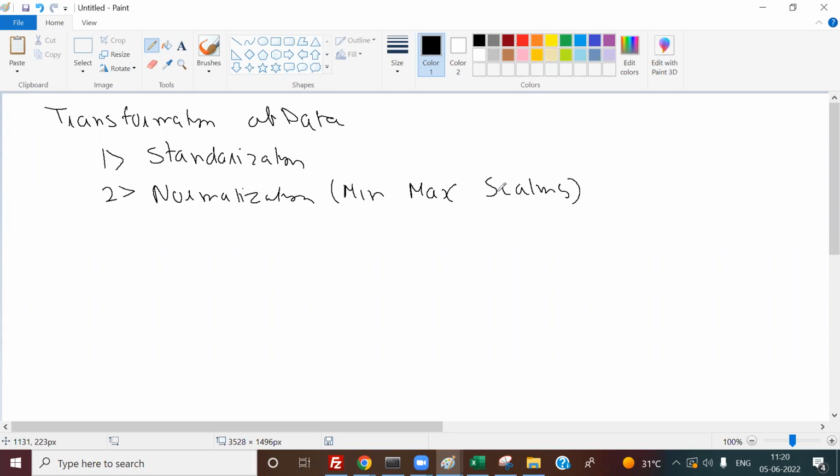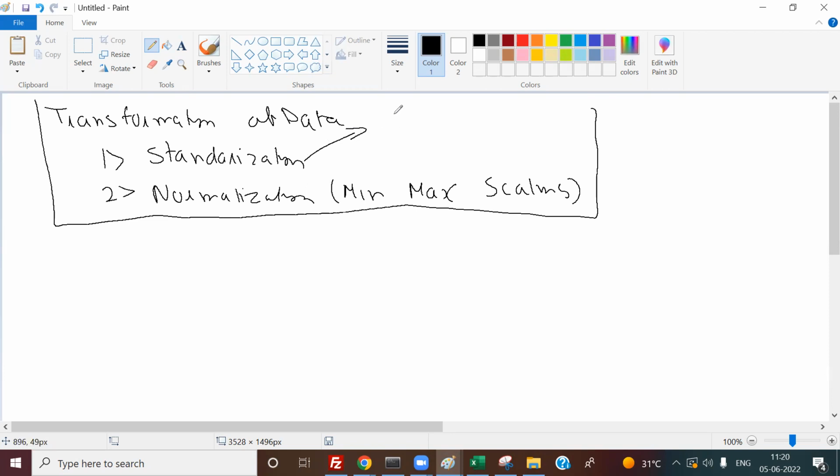So let's discuss them, and we will discuss in two ways. Then we will see the formula, and then probably what benefit you get if you transform the data. In standardization, I use a formula which you are a little bit aware of: x minus mu upon st. Mu is nothing but the mean, and st is your standard deviation.